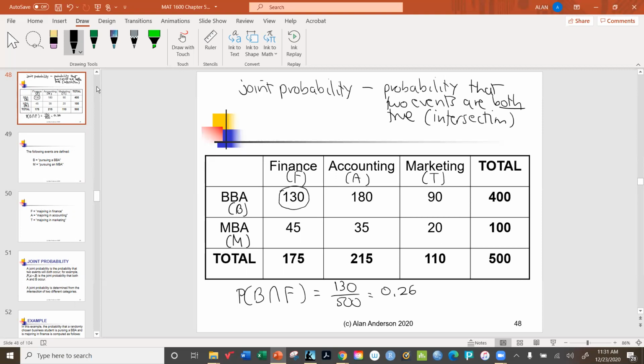In other words, if I randomly pick somebody out of this group, there's a 26% chance that the student I've chosen is getting his or her bachelor's degree in finance. And this is what we mean by a joint probability, because two different things are both true. And you can see altogether, there are actually 6 joint probabilities that we could define from this table right here.